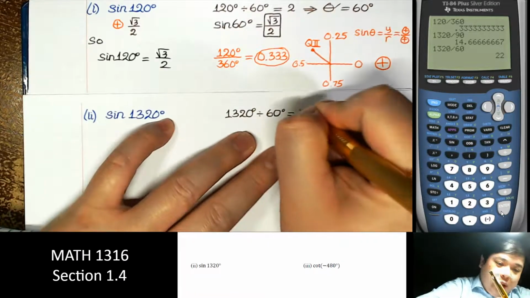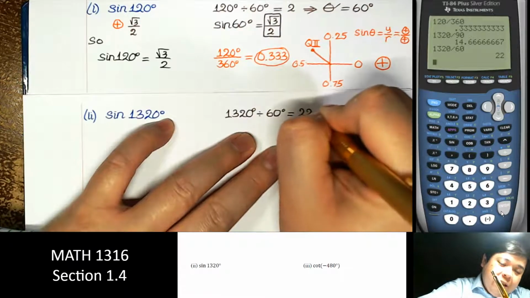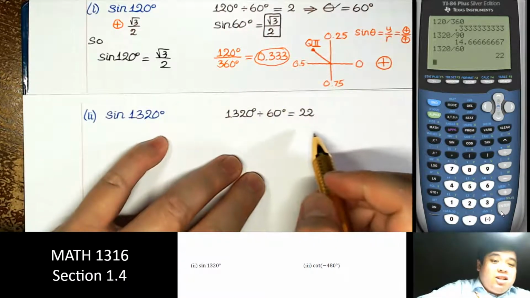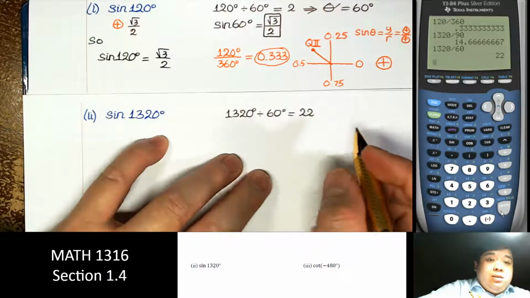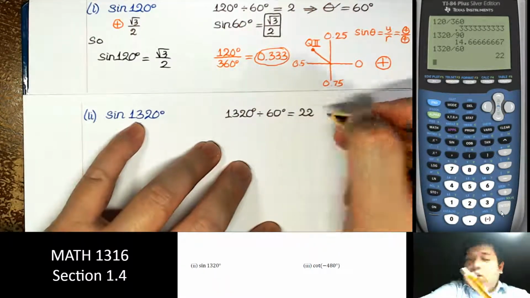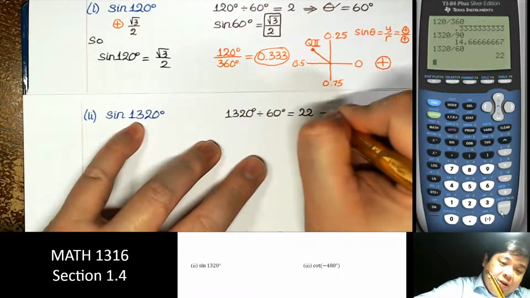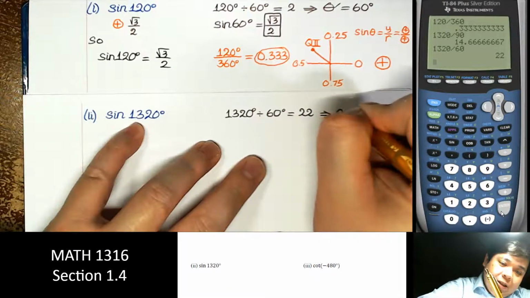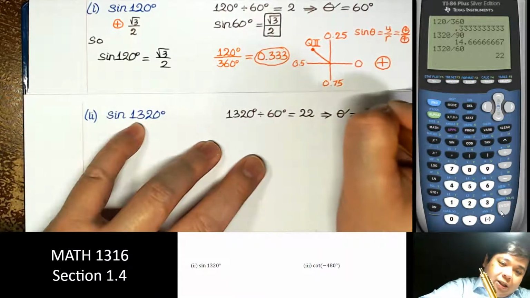It is equal to 22, even. Because it divides by 60, then we can say the reference angle is 60 degrees.